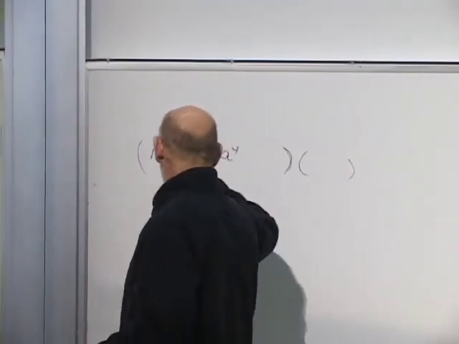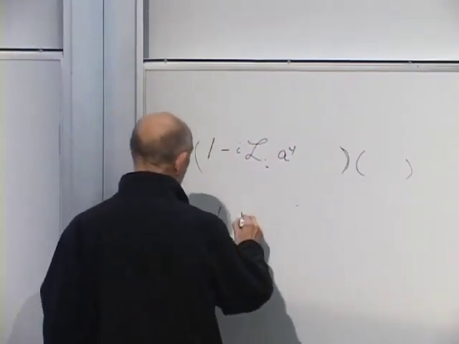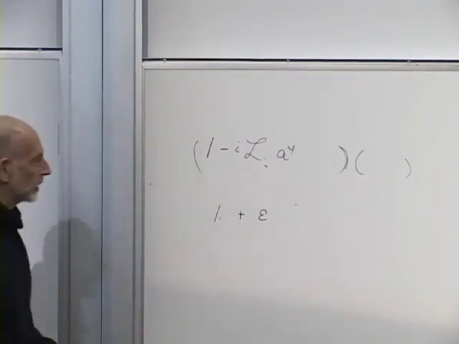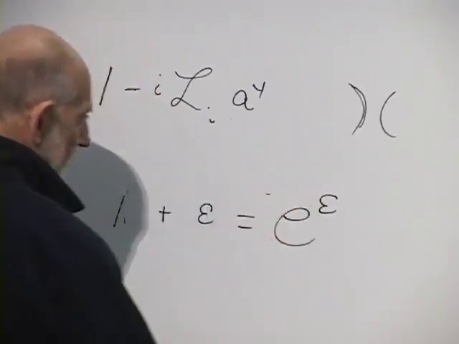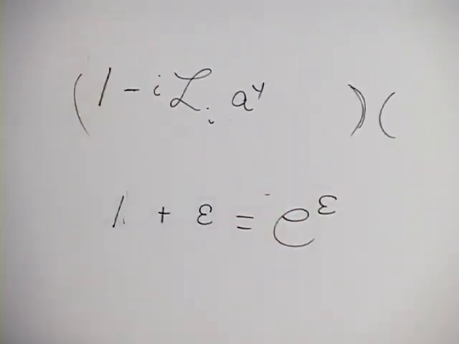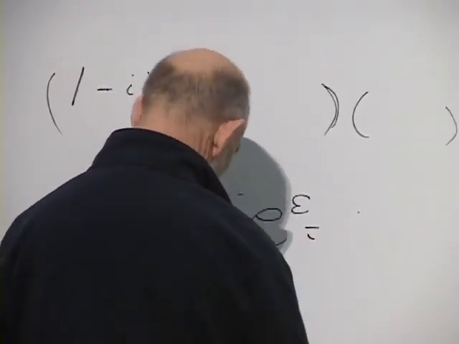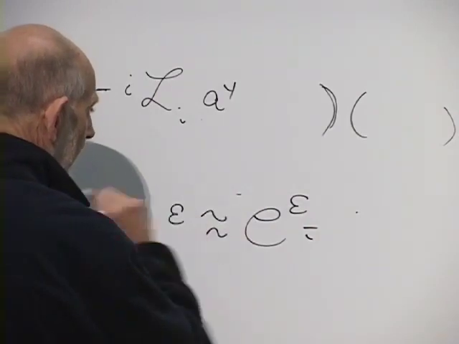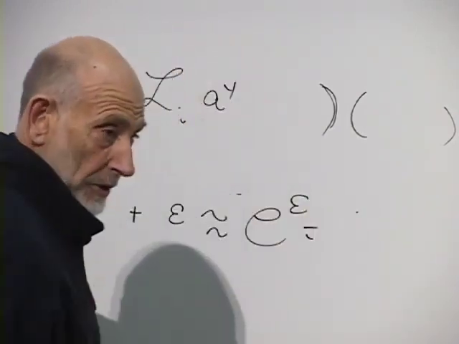Now, 1 plus a small quantity, let's call it 1 plus epsilon, is an approximation to e to the epsilon. This is approximately equal for small epsilon. But the exact formula is a power series in epsilon.